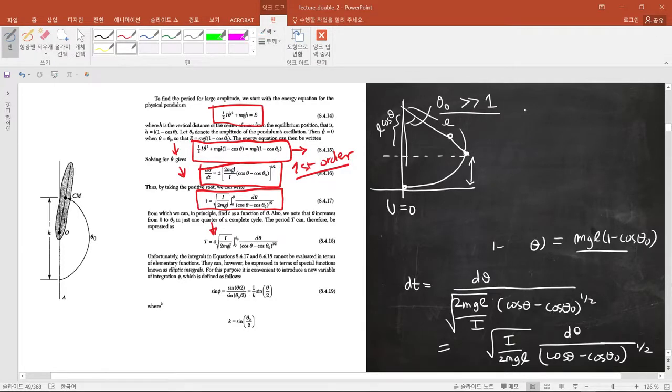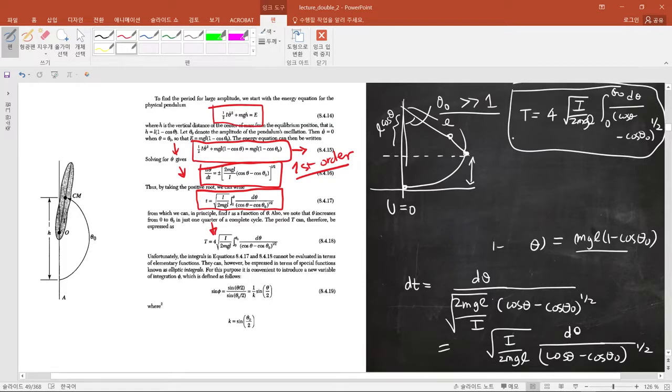T is equal to 4 times the square root of I over 2 mgl, times the integral from 0 to theta 0 of d theta over cosine theta minus cosine theta 0, to the 1/2. Okay, so that is the period.